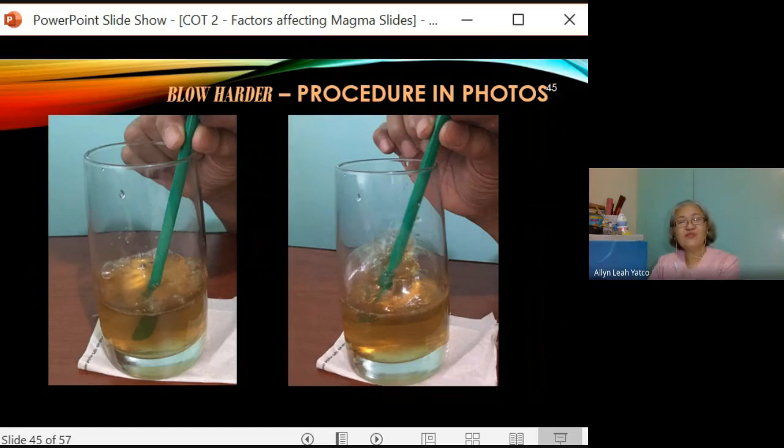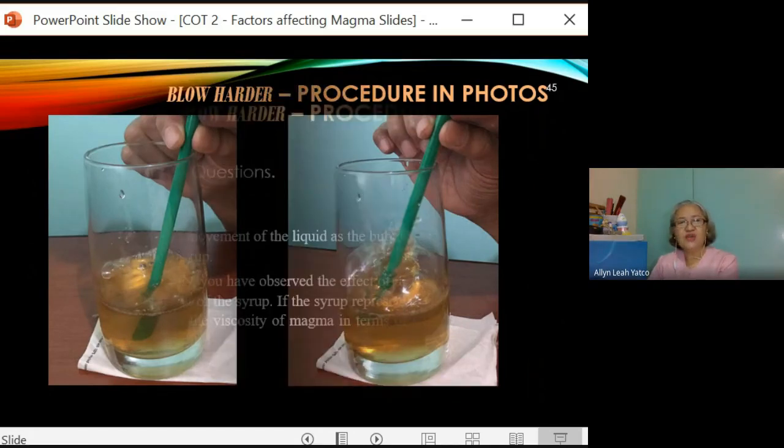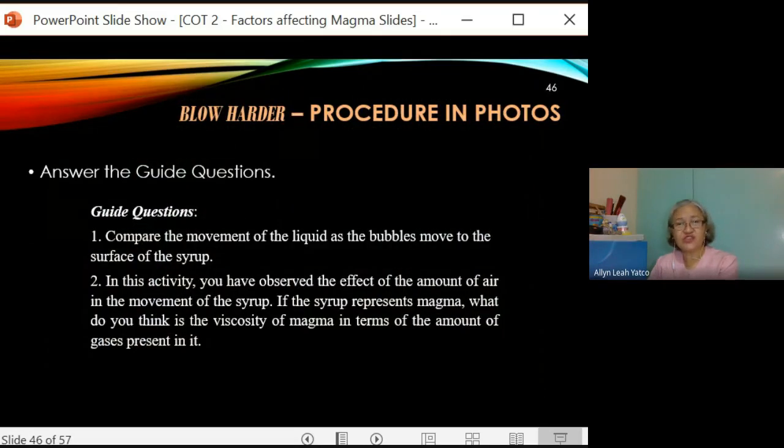After observing the movement of the liquid, you will now answer the guide questions. These guide questions are also given in the activity sheet. Number 1. Compare the movement of the liquid as the bubbles move to the surface of the syrup. You were asked to observe. This time you're going to write it down. Number 2.